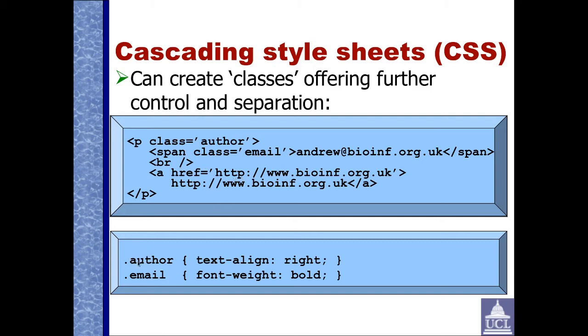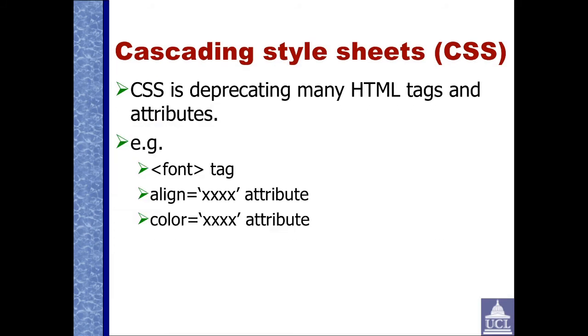Then I've defined the author class as being text align right, and the email class as being font weight bold. That does exactly the same as what we had previously, but it has separated the detail of the presentation from the content of the web page.